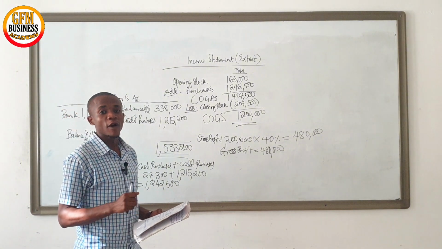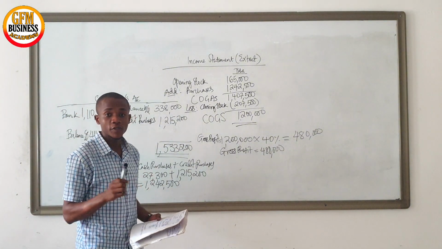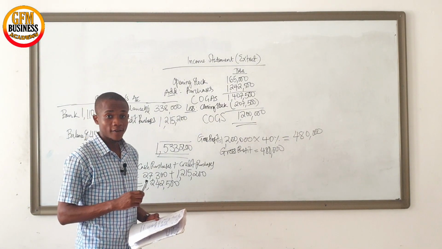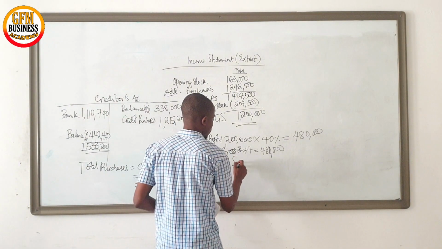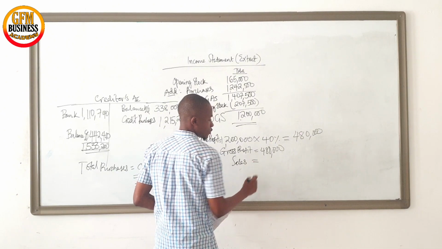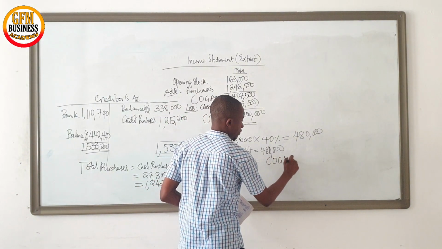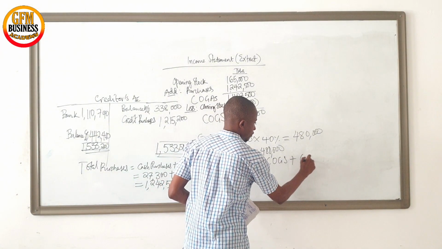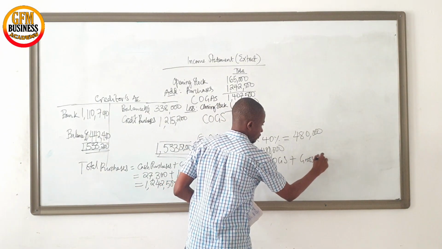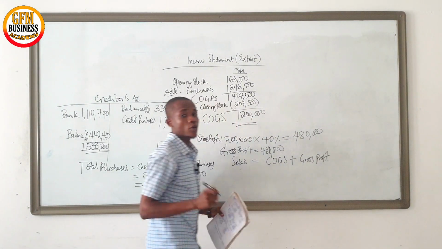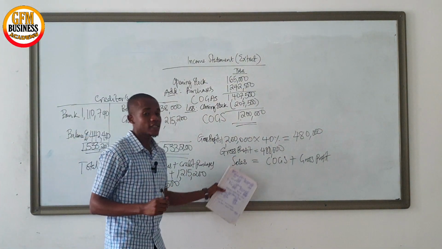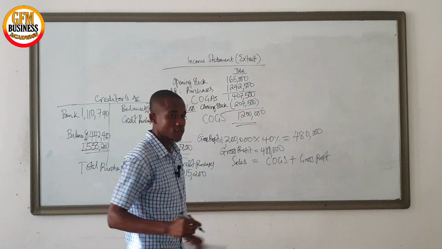Once we have found our gross profit, we can now find our sales. Sales is equal to COGS plus gross profit. Since we're not given sales, we get sales by taking cost of goods sold plus gross profit.